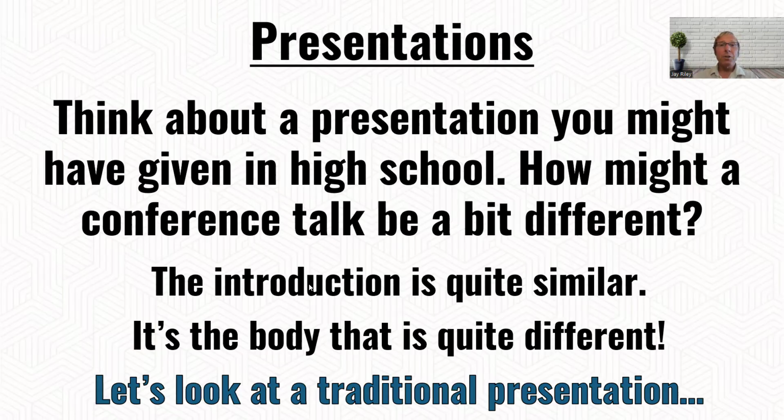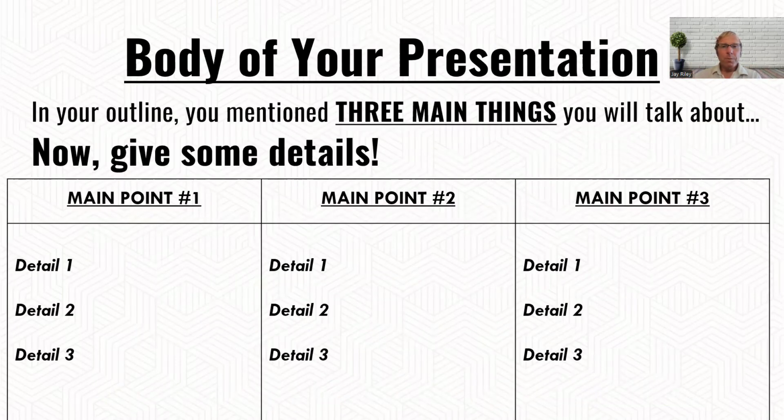So let's look at a traditional presentation. And again, this is going to be a research-based presentation that we're contrasting with a more traditional presentation. So when we talk about the body of our presentation, we're going to present three main points. Now, this is very similar to everything that we've talked about with our academic essay. Each main point is similar to our body paragraphs in an academic essay.